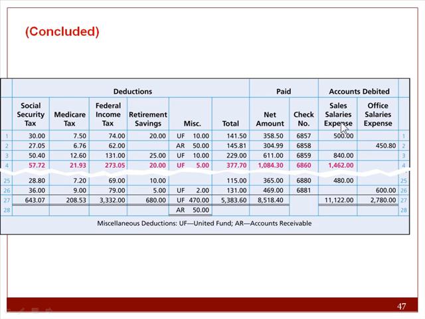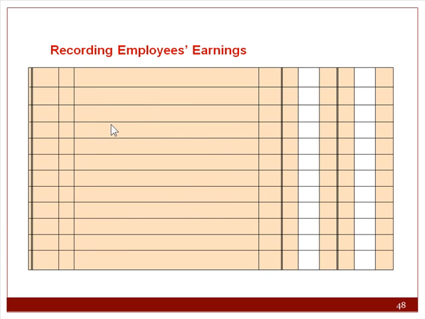If you're a merchandising kind of company, you're going to have some employees as sales salaries, some as office salaries, and it goes to different accounts. This one says AR because these miscellaneous things probably are like employees owe money for certain things, maybe they bought uniforms and they have to pay it back, or they bought meals or something like that. It's just a way for you to know where all the different accounts go.